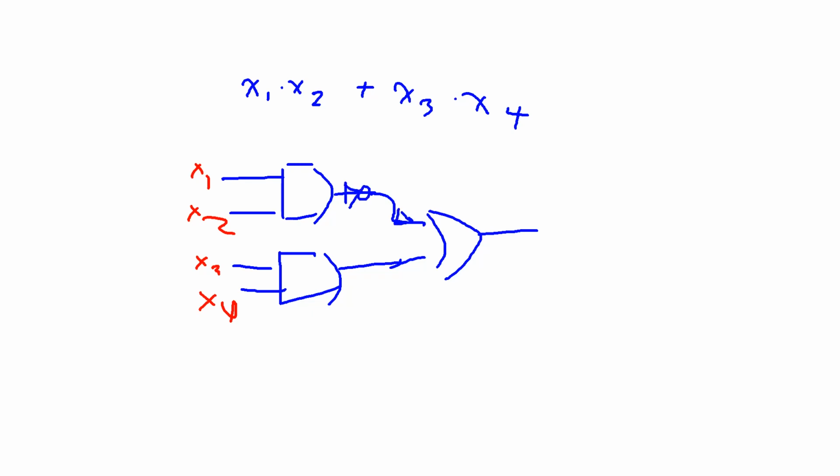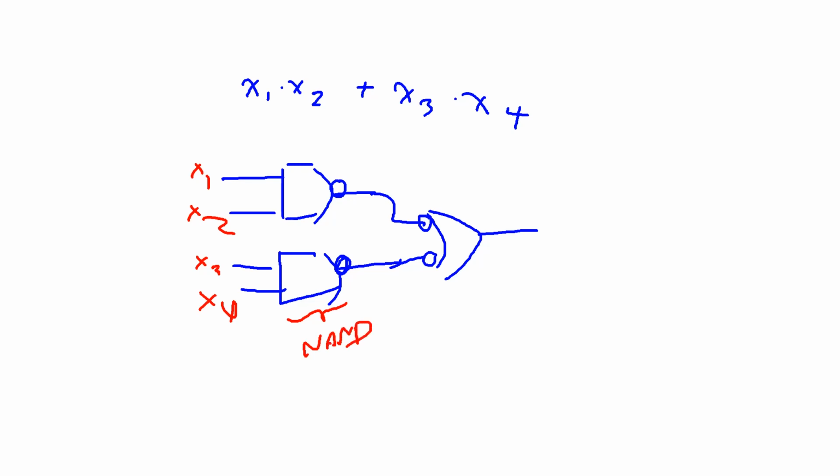Anyway, if I add an inverter and here a pair of inverters, it should be the same function, right? And I move this inverter here and here. This one also a pair of inverters, moved to here and here. So now it becomes NAND, right?